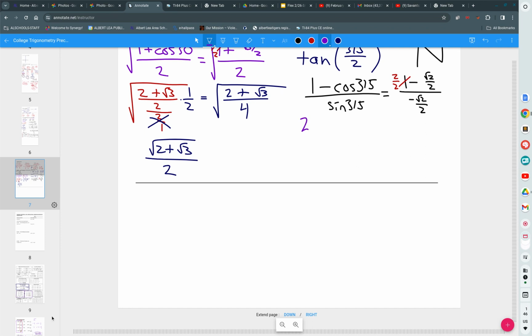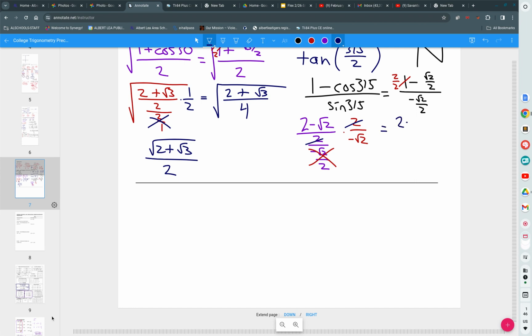So I have 2 minus the root of 2 over 2, all divided by negative root of 2 over 2. A lot of 2's in this problem. As I multiply by the reciprocal, the 2's do cancel.